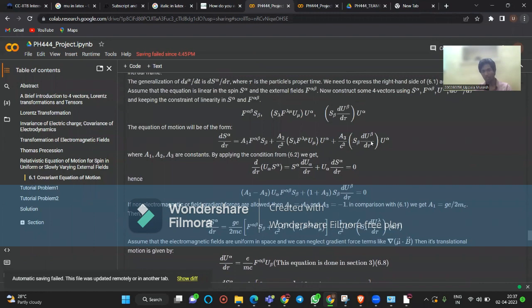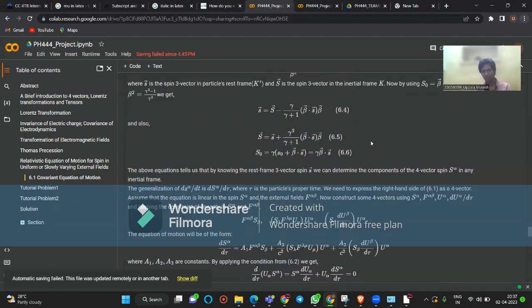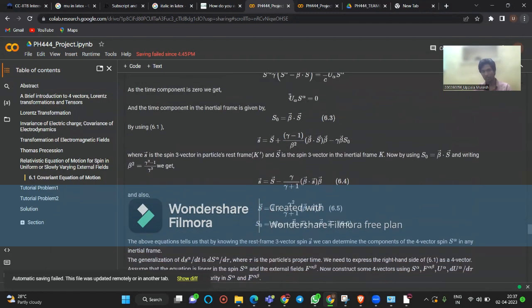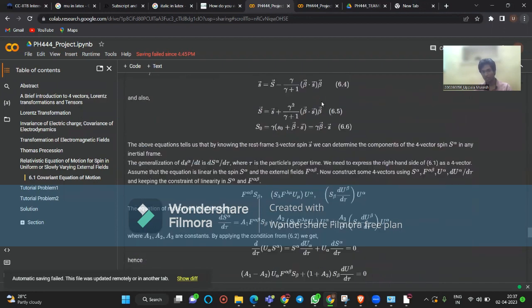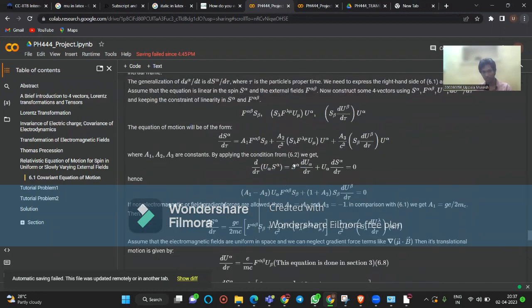On applying the condition of orthogonality, u alpha into s alpha equal to 0, we get this equation, and on using this condition for this equation, we get the final equation for this.